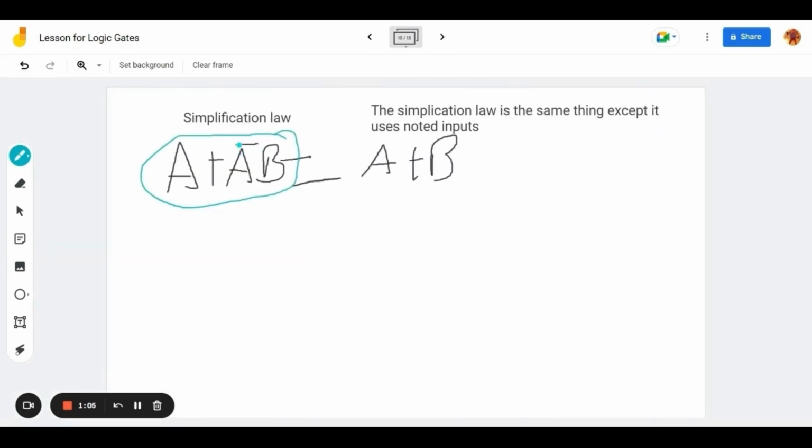And the only difference is instead of just A being there, there's B added. Same thing, except just a different law.